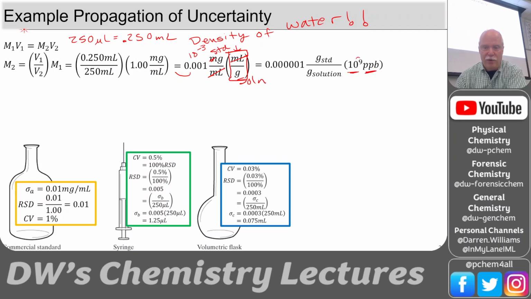Where did the 9 come from? That's billion. This is no different than multiplying by 100%. 100 parts per 100. A billion parts per billion. What about million? 10 to the 6th. A million parts per million. So we're moving this now to the right 9 decimal places. And so we end up with 1,000 parts per billion.